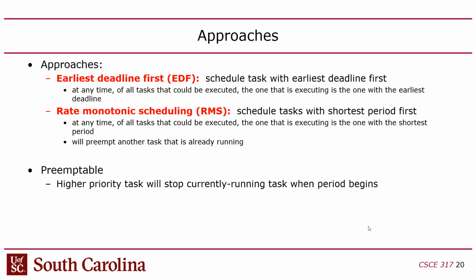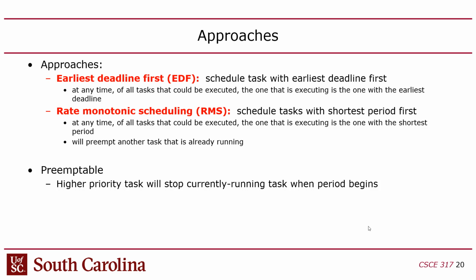So the problem is that it's just not practical, because what ends up happening is that as you march through time, the priorities of the tasks are continuously changing, meaning they have dynamic priority, right? And I've never seen an operating system that can do that. That's completely infeasible, right? However, the good news about EDF is if you could do it, you could schedule any set of periodic tasks as long as utilization is less than or equal to 100%.